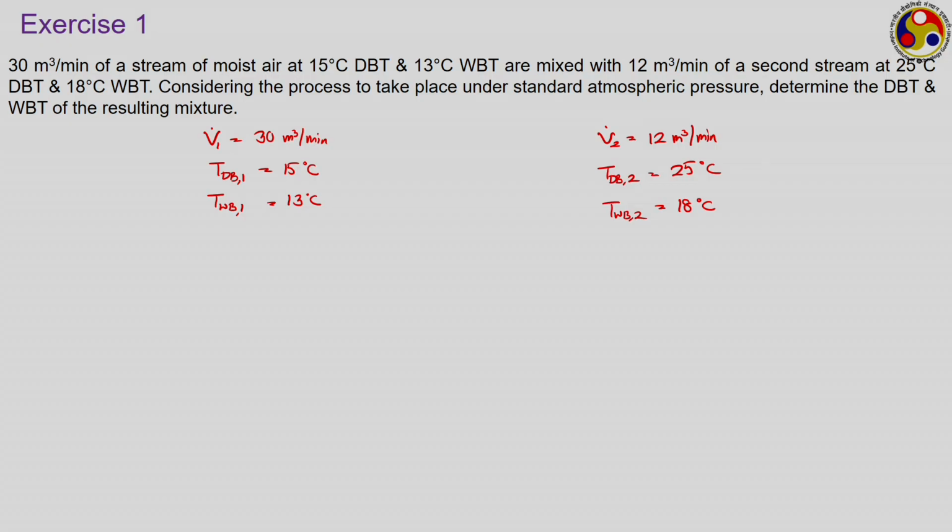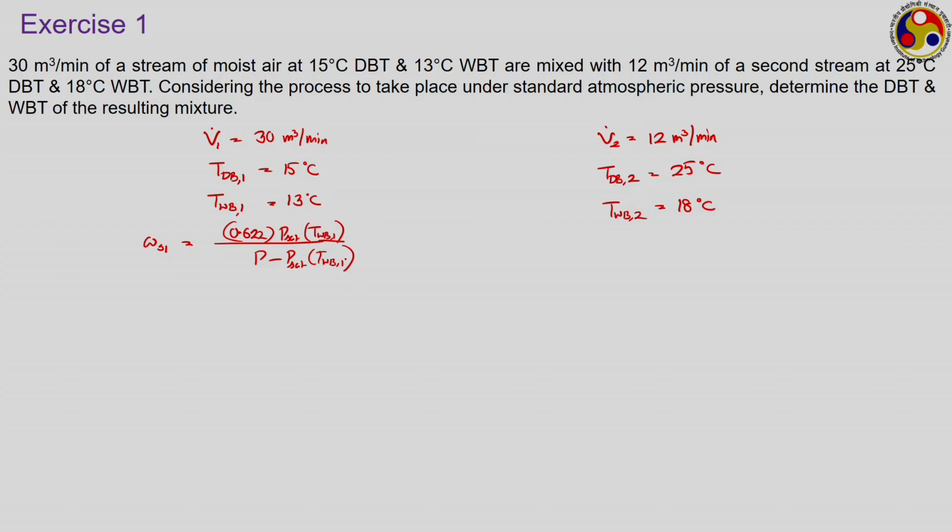Now, we know the dry bulb and wet bulb temperature for both the streams. So, from there we can easily calculate the value of omega. Like for the first one, we can easily calculate omega 1 should be equal to 0.622 into the saturation pressure corresponding to the wet bulb temperature for this one, divided by P minus P sat corresponding to this wet bulb temperature.